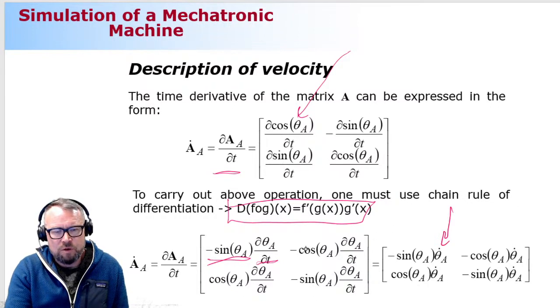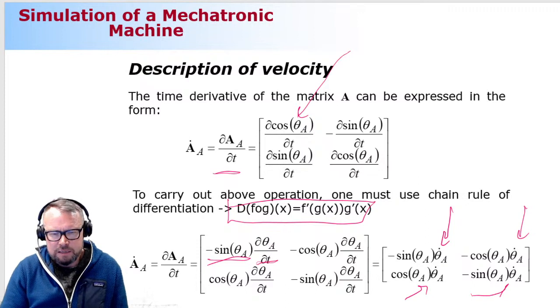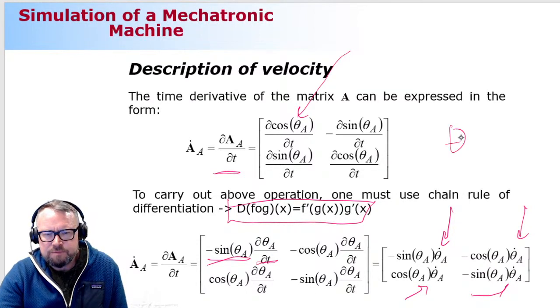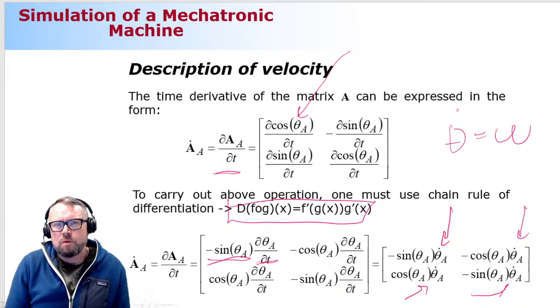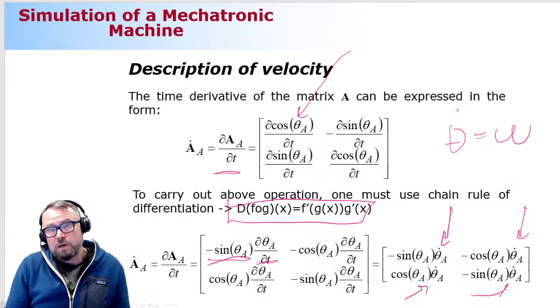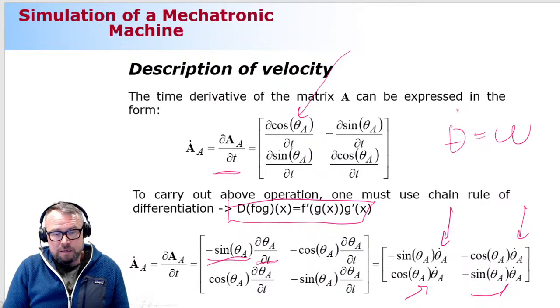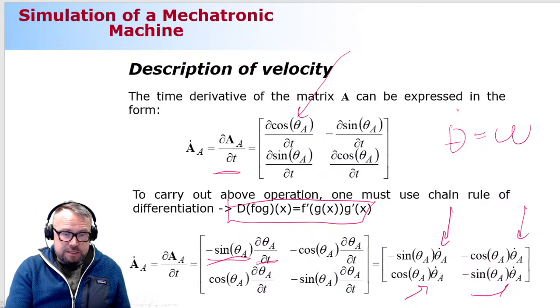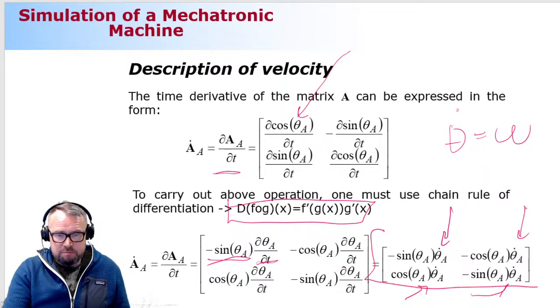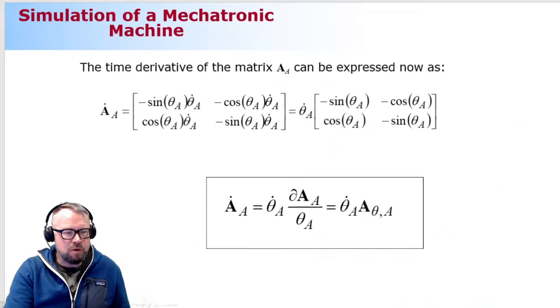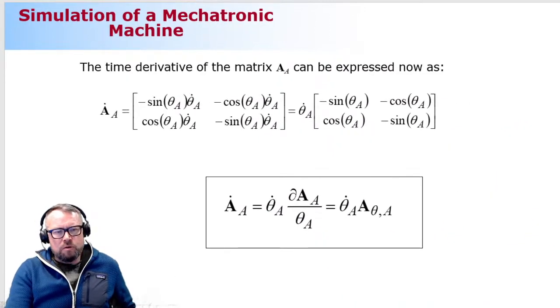The same holds for every single component of this rotation matrix, same procedure over and over again. This dot here is equal to an angular velocity with respect to the global coordinate system. That's what it is. So angular velocity, and you can express this mathematical operation a little bit more elegantly, like shown here.